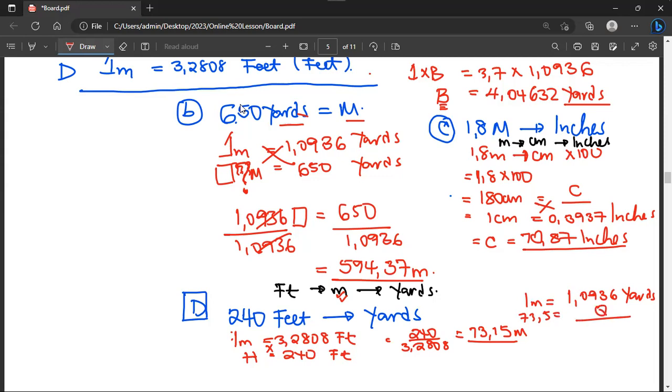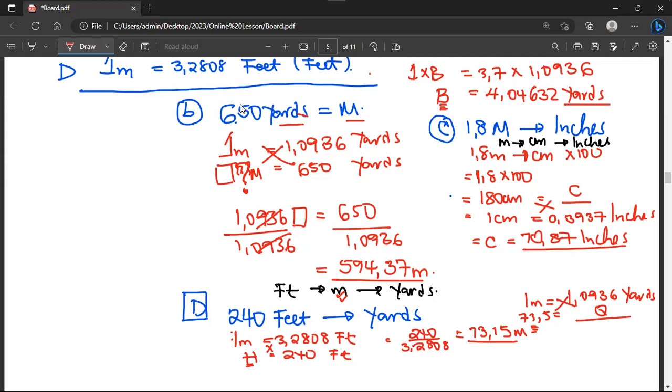Another thing I would like to teach you: should the number you're going to change be adjacent or opposite the one you have for one is equivalent to something? If it's adjacent, you're going to multiply these two numbers. This one, the letter was opposite, so we divided.